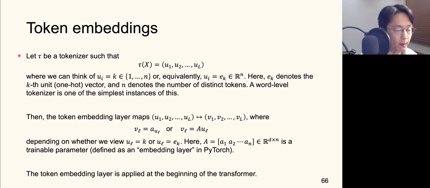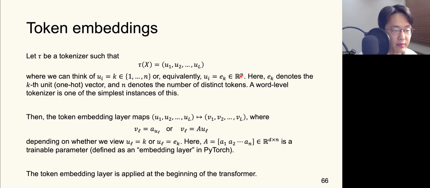So let tau be a tokenizer that takes in as input a text X and then produces tokens U1 up to UL. Now for the tokenizers used for transformers, we can think of these U's as one-hot vectors.